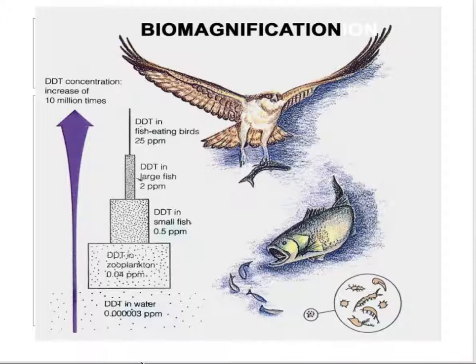So we're starting with 0.000003 parts per million in the water, and the concentration increased over 10 million times because we end up with 25 parts per million eventually, which is a huge number in comparison.